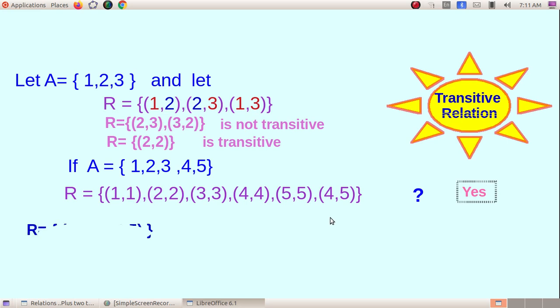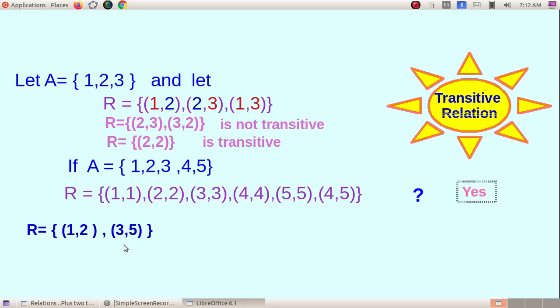Now consider another example: R is equal to {(1,2), (3,5)}. Is this relation transitive? A relation will not be transitive if you can find two ordered pairs (a,b) and (b,c) such that (a,b) belongs to R, (b,c) belongs to R, and (a,c) does not belong to R. Here the first ordered pair is (1,2); there is no element starting with 2 here.